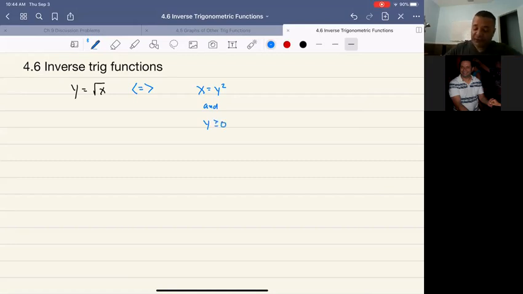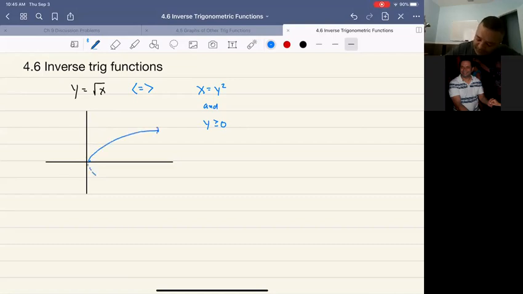Why do I make that distinction, or why do I make this restriction? Well, when we graph this, if I'm graphing x equals y squared, then I need to graph just the top part.